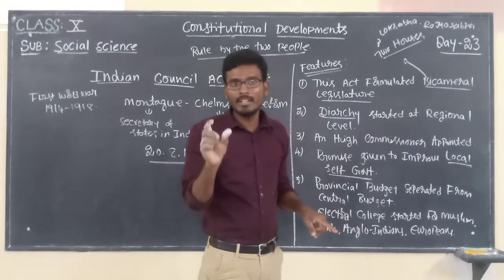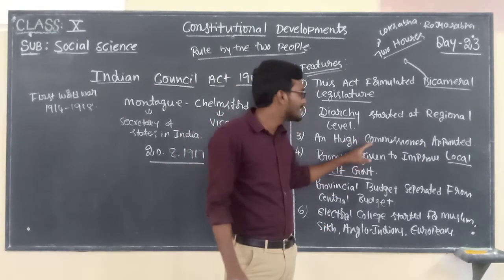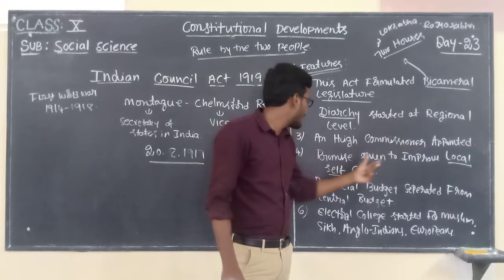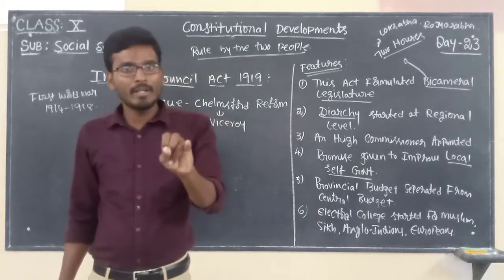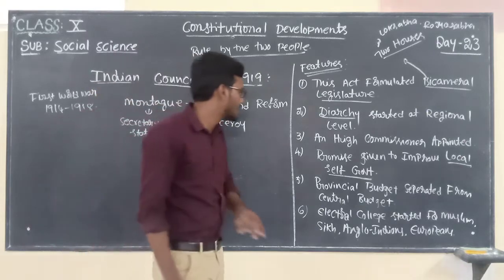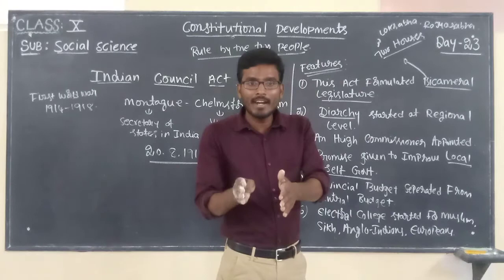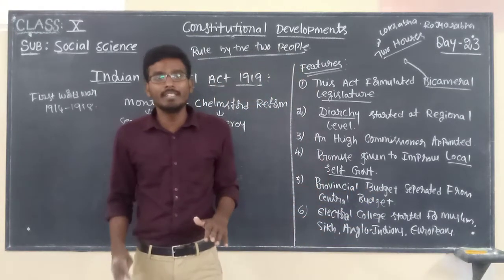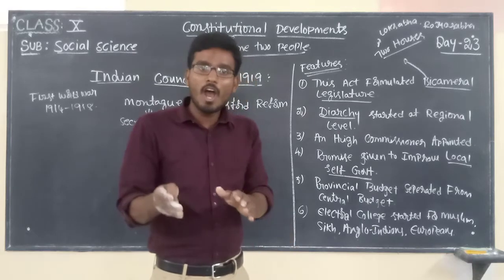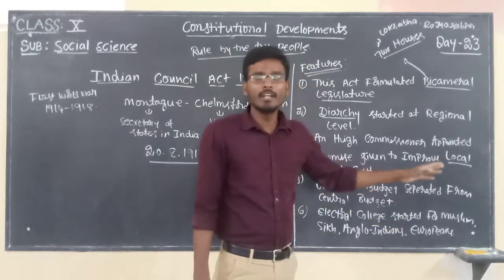One high commissioner is appointed in India, and a provincial promise given to improve local self-government. What is local self-government? Here, Jilla Panchayat, Taluk Panchayat and Gram Panchayat. Provincial budget is separated from the central budget. And finally, the separate electoral college is extended along with Muslims to Sikhs, Anglo-Indians and remaining Europeans.